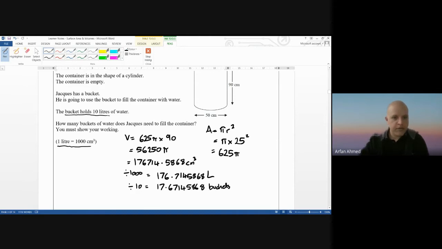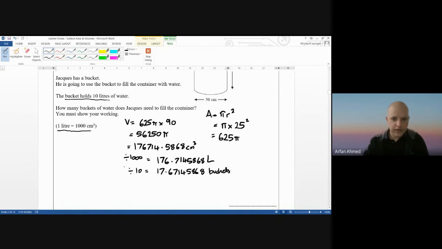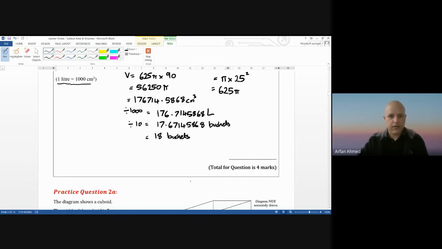How many buckets does he need? So 17 wouldn't be enough. So I'm going to need 18 buckets. Yeah, that's your answer, 18 buckets.